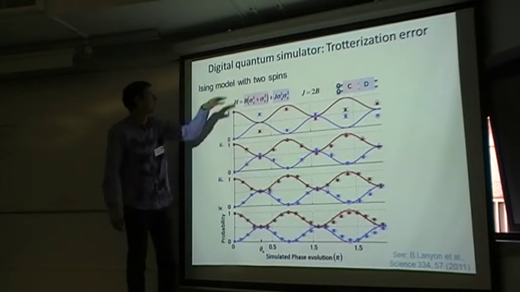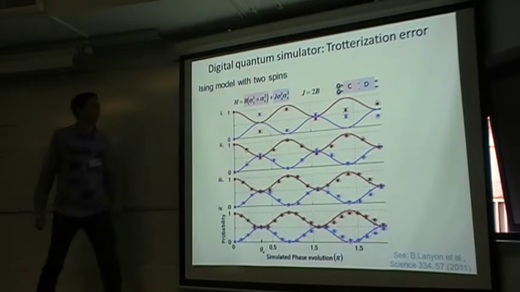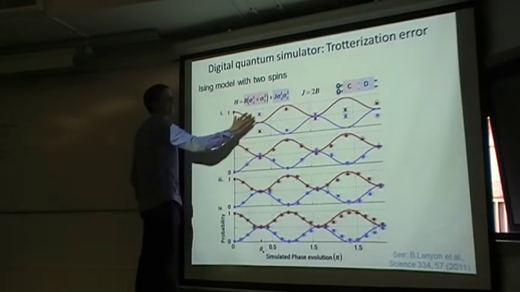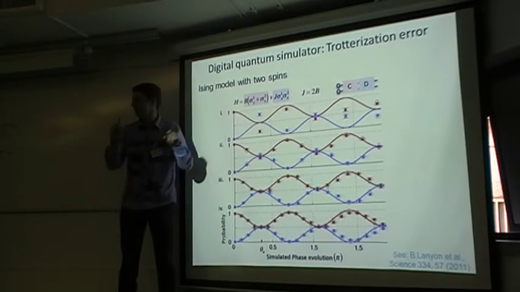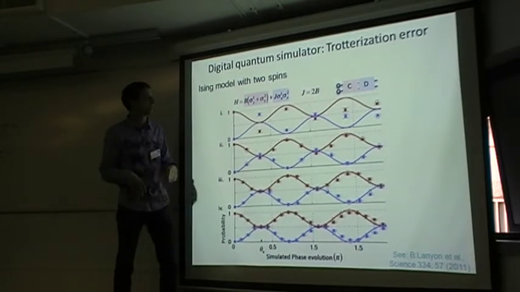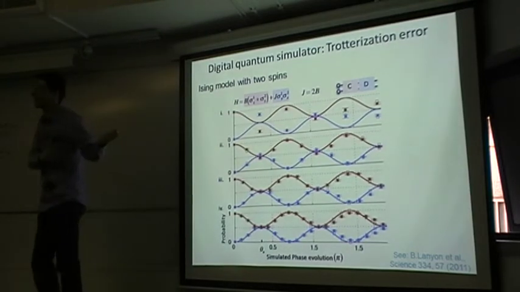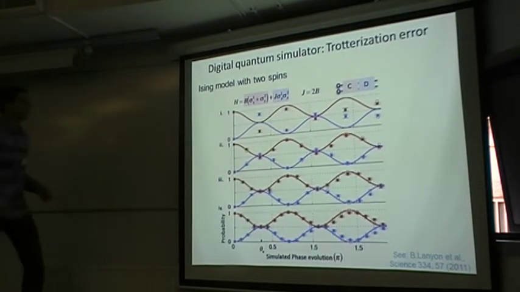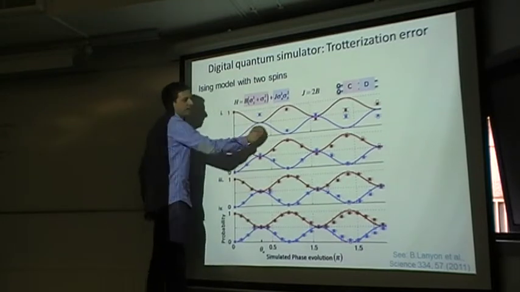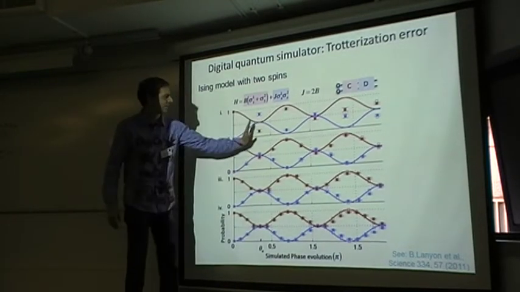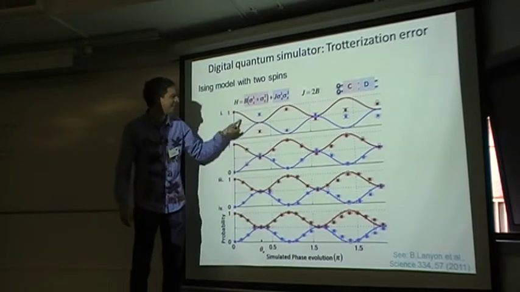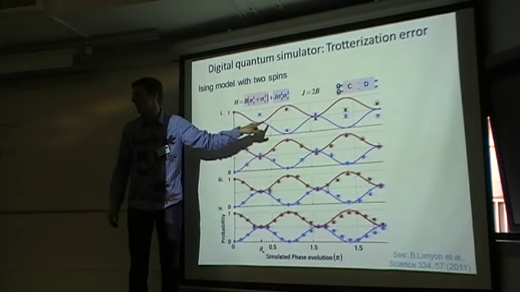For example, here is an Ising model of two spins. You can simulate this as a magnetic field that just rotates the qubits around Z. And here's an entanglement operation, an XX operation. That's actually just how normal it is. And if you do that, for example, here is the Trotterization for really big time steps. You see it doesn't really fit the theoretical curves.